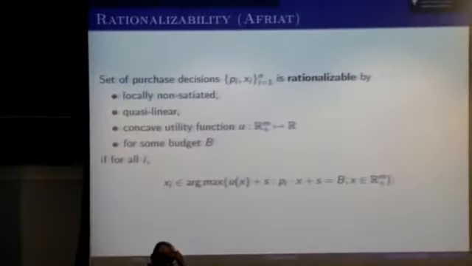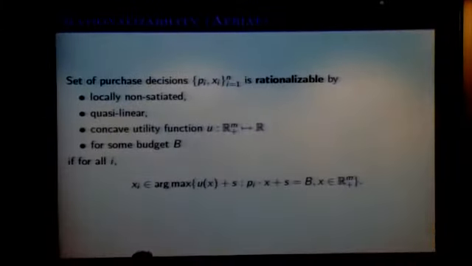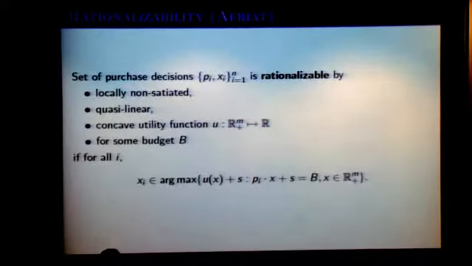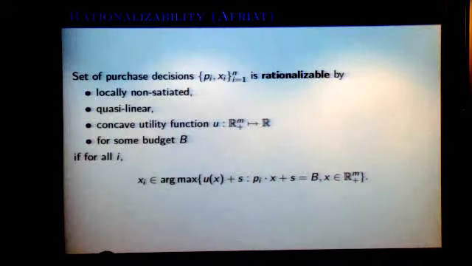Now what I'm going to do is give you another application of the shortest path problem, and this is to the problem of rationalizability. Now in a sense, this is not a mechanism design problem. In fact, when you see it, you'll say, oh, this is a reverse optimization problem. But the reason I want to mention it is because the structure is essentially the same as the structure you see in Myerson or other mechanism design problems.